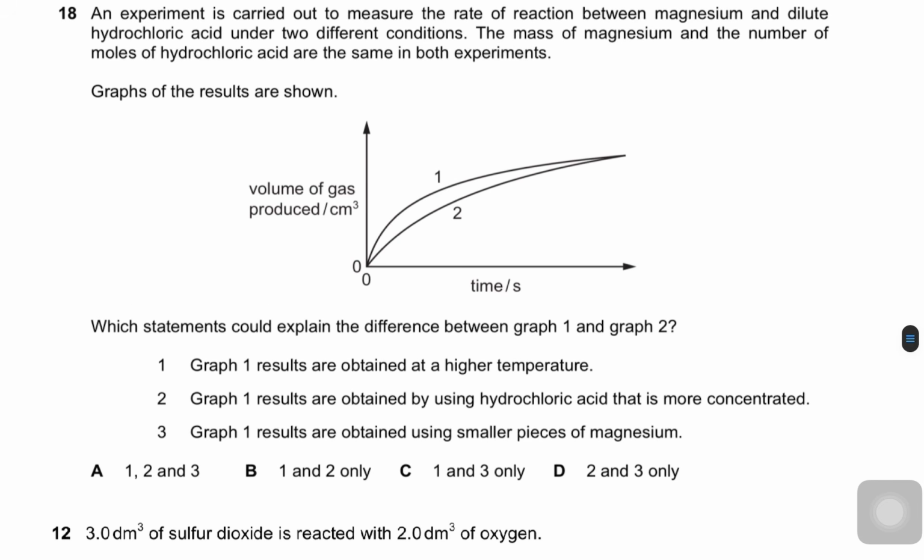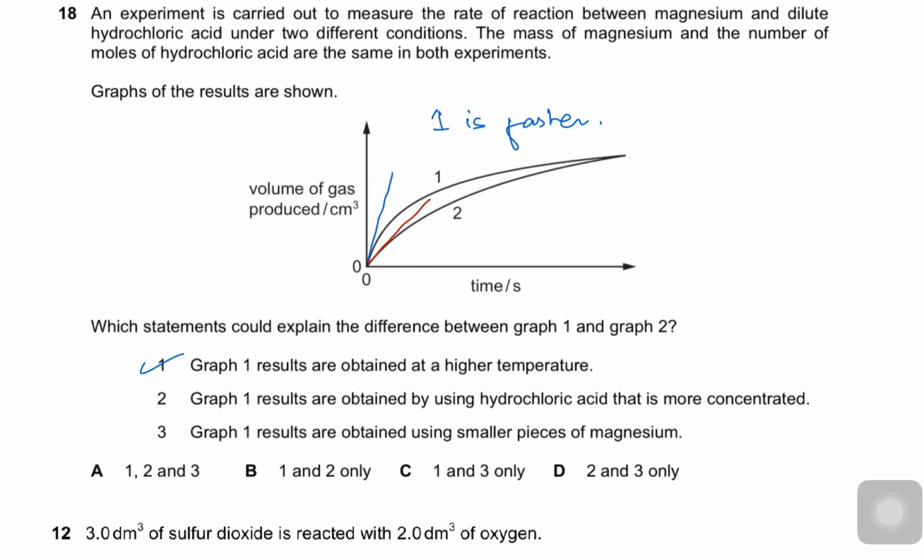Graph 1 results are obtained at a higher temperature. You can see 1 is faster, the gradient of 1 is more, the gradient of 2 is less. So 1 is actually faster. It means it's correct. Graph 1 results are obtained by using hydrochloric acid that is more concentrated.